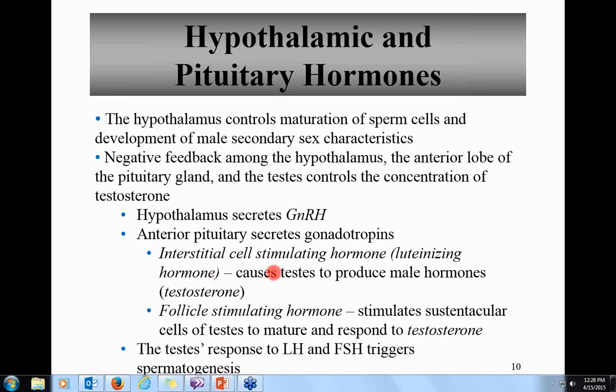LH causes the testes to produce hormones, particularly testosterone. FSH, or follicle stimulating hormone, causes the testes to respond to the testosterone. And by responding to both LH and FSH, the testes will produce sperm via spermatogenesis.